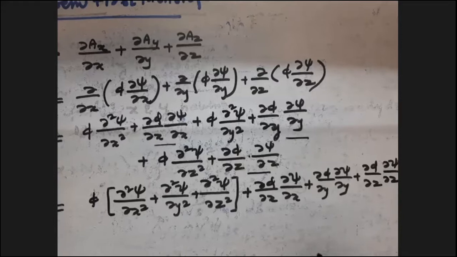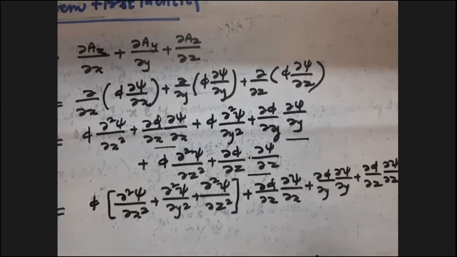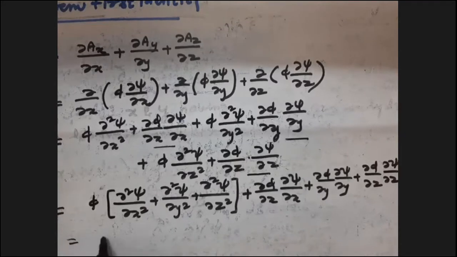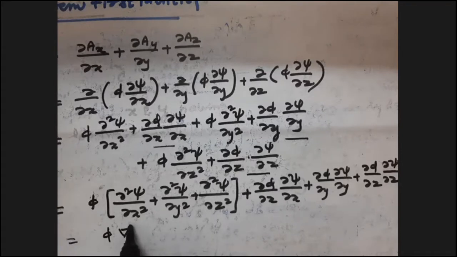Okay, right. Also, this is del dot A equal, but this is del square psi. Phi into this, we can write the term in the square bracket as del square psi.